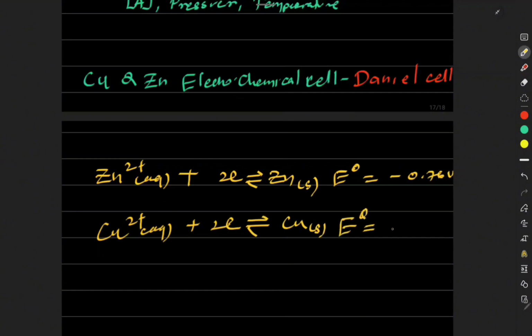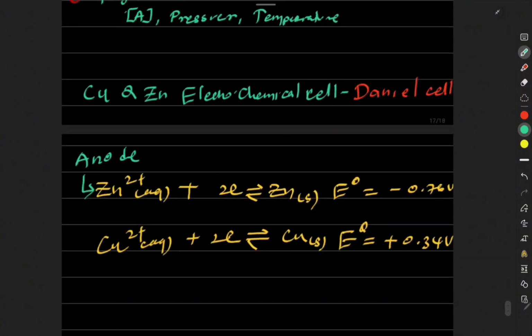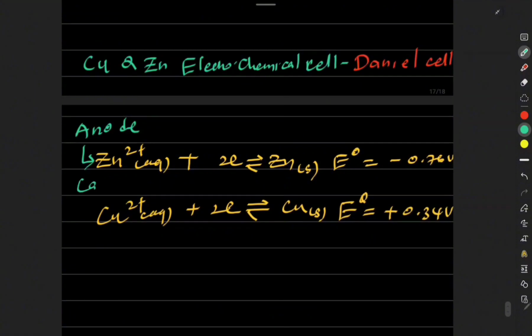The electrode potential is plus 0.34 volt. How can we find which is anode and which is cathode? By comparing the values of electrode potential. The electrode with the lower, negative electrode potential is the anode. Therefore, the zinc electrode will be the anode, and the higher electrode potential will be the cathode.